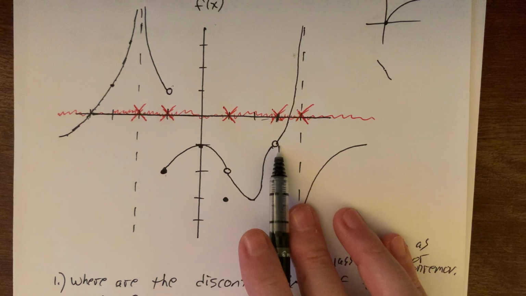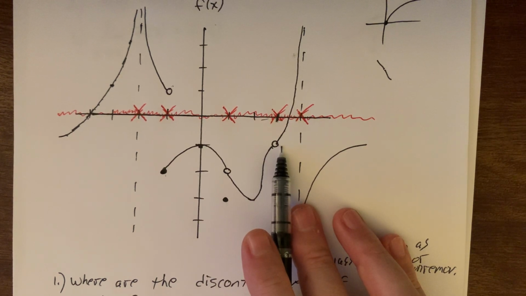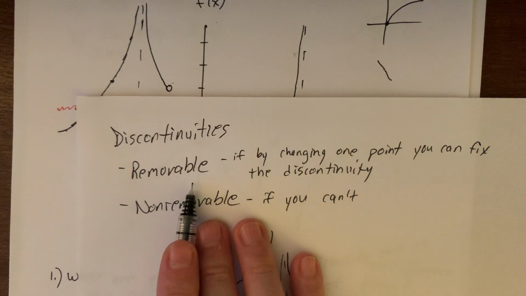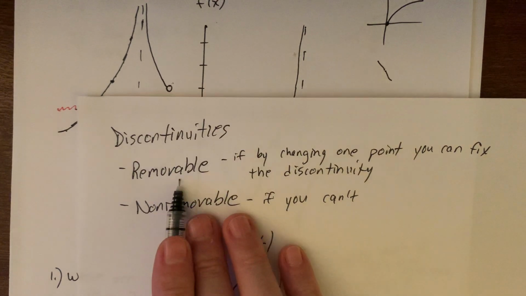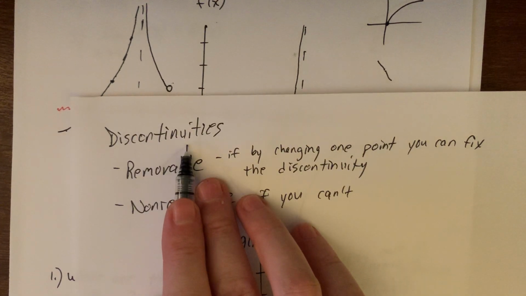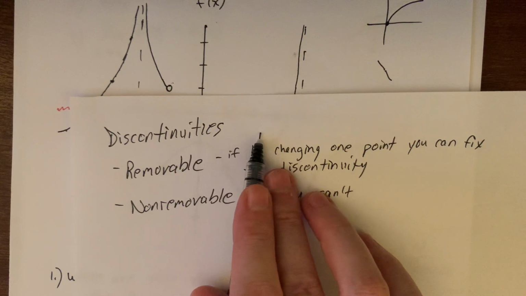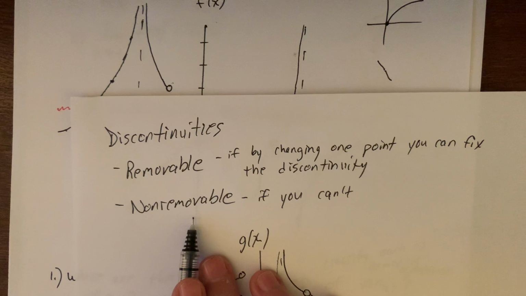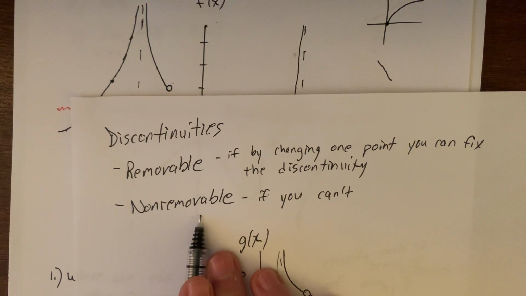This one failed on step 2, but they both pass step 1. So another way to rephrase this, a removable discontinuity is a discontinuity where the limit exists, and a non-removable discontinuity, either the limit does not exist or the limit is infinity or negative infinity.